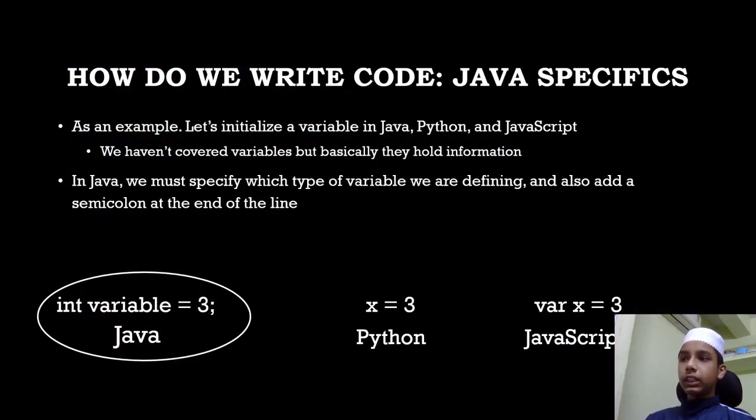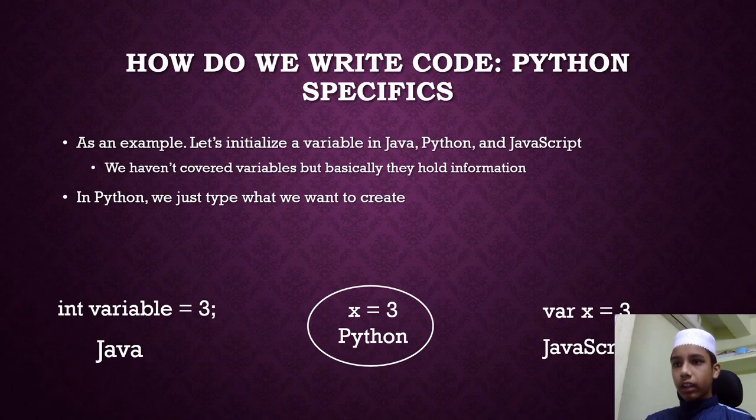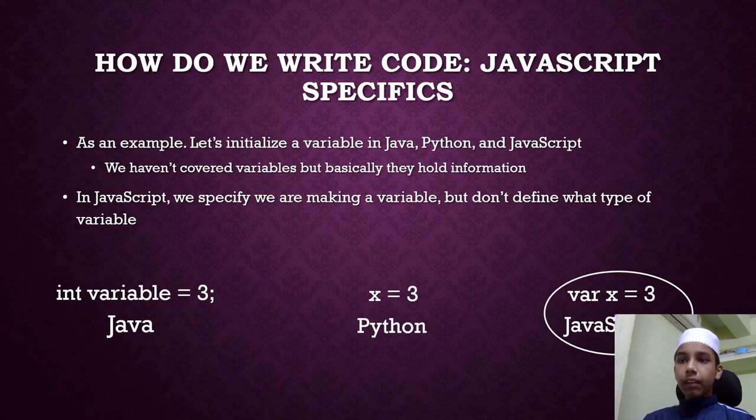First of all, we will talk about Java specifics. In Java, we must specify which type of variable we are defining and also add a semicolon at the end of the line. But in Python, we just type what we want to create. But in JavaScript, we must specify we are making a variable, but don't define what type of variable.